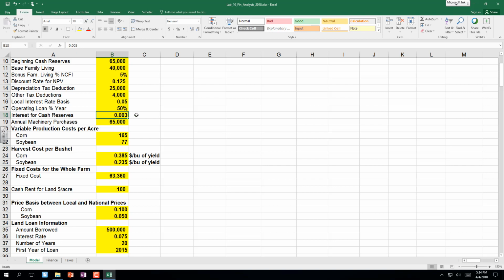And what this is, make a note of this, is the wedge to increase the national interest rate to the local.